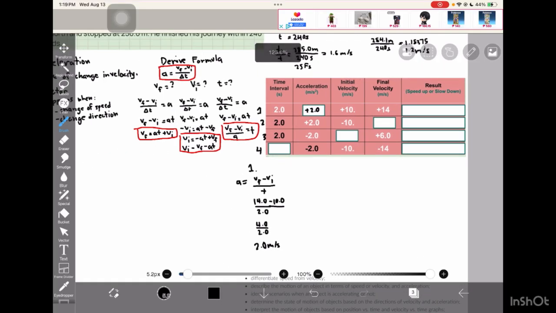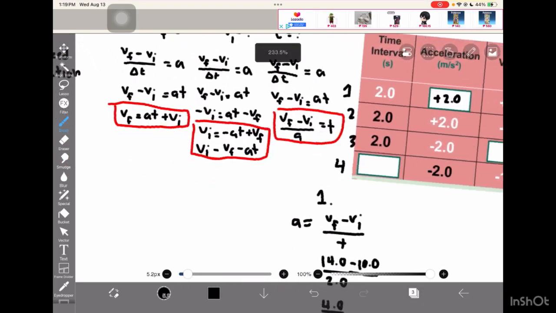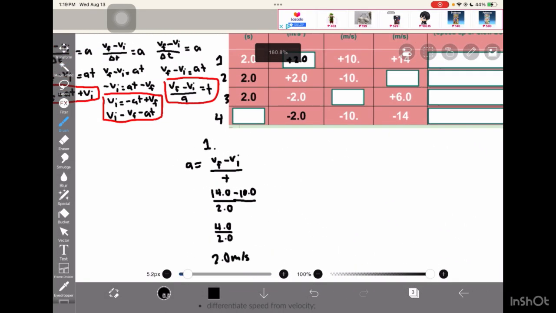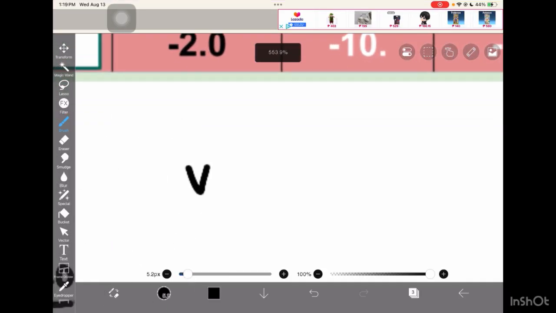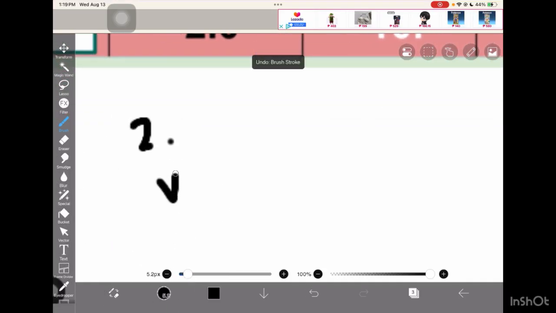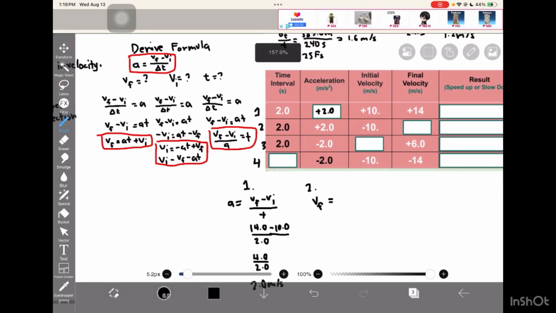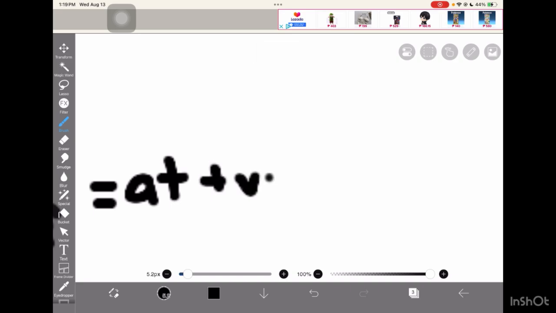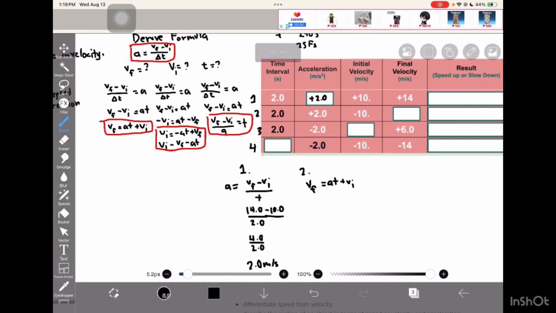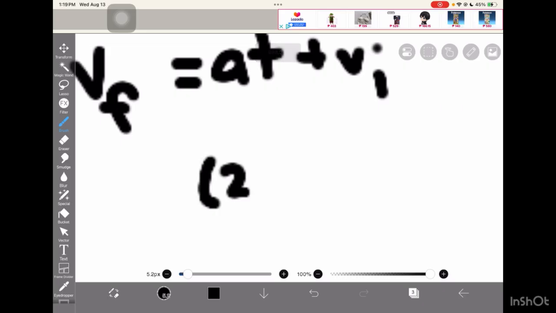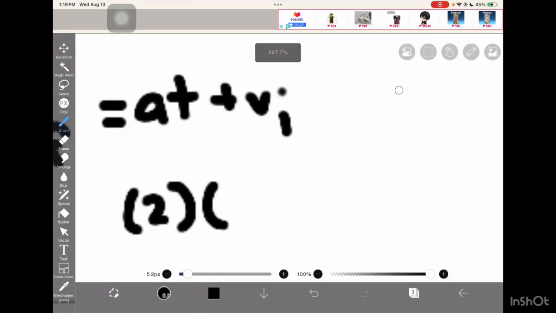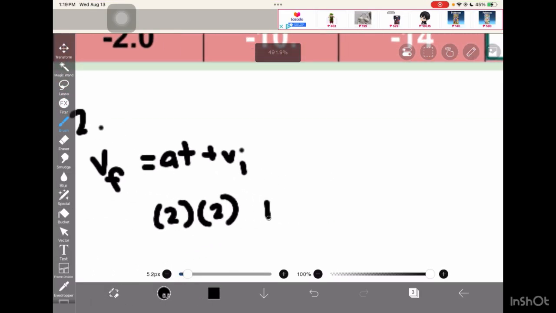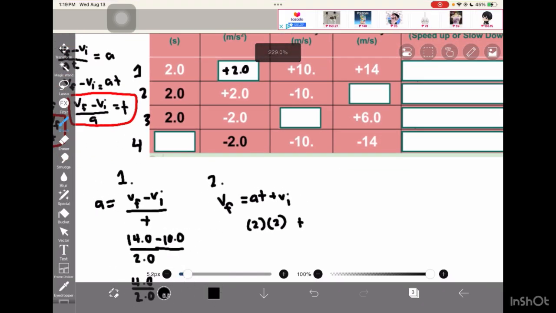Next one, we're missing final velocity. So for final velocity, we use this one: final velocity equals at plus v sub I. This is number 2. V sub f is equal to at plus v sub I. So we have acceleration is 2, and then time is also 2, and then we have plus v sub I. Ooh, that's a minus 10.